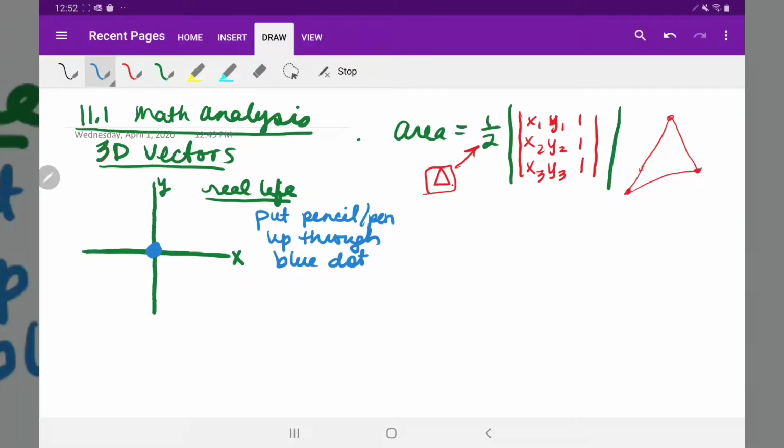So that's called the z-axis. I'm just going to put a little note here that says z-axis, straight up and straight down.